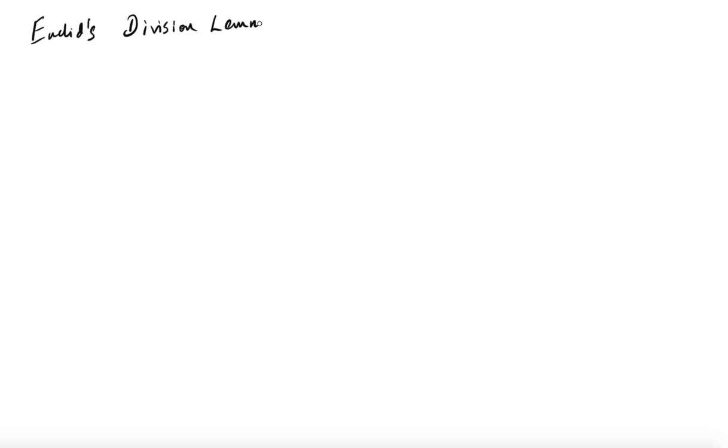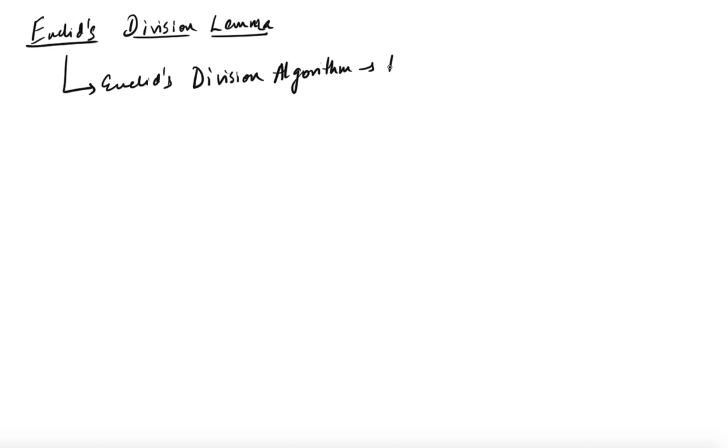This is the first topic that you learn in class 10th, Euclid's division lemma, and based on its application, we have Euclid's division algorithm, which helps us to find out the HCF of two given numbers. So first of all, we'll be focusing on Euclid's division lemma, what it is, and then we'll see how to apply Euclid's division lemma in Euclid's division algorithm to find the HCF of two numbers.